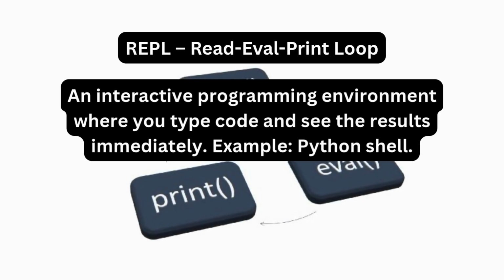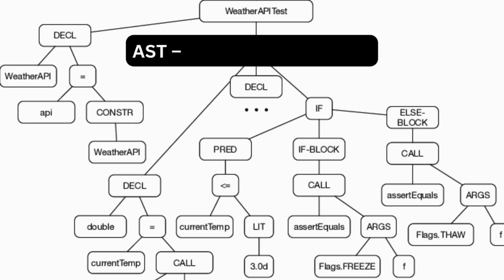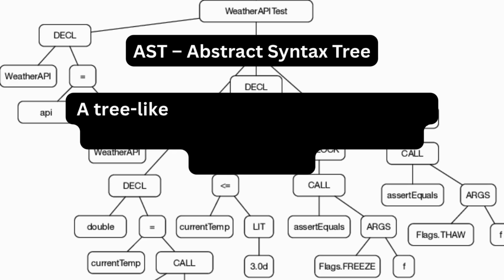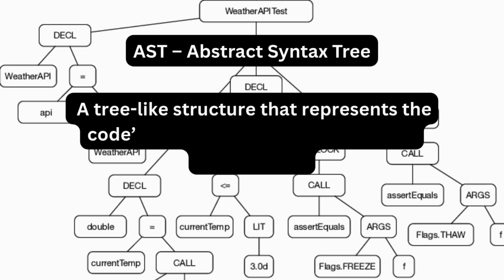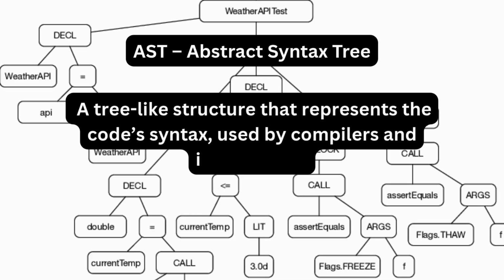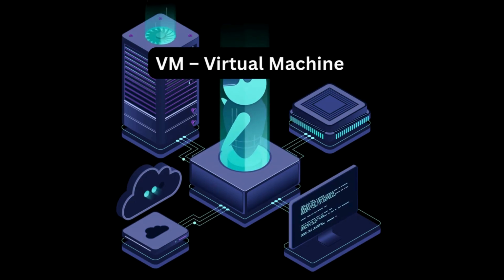Example: Python shell. AST, Abstract Syntax Tree. A tree-like structure that represents the code's syntax, used by compilers and interpreters. VM, Virtual Machine.